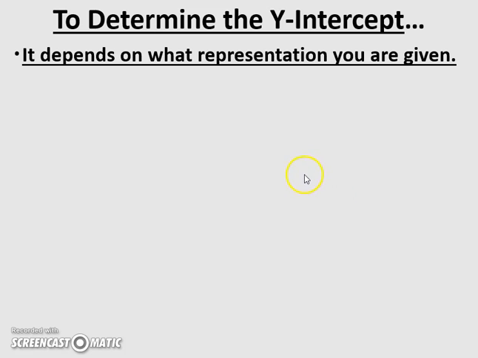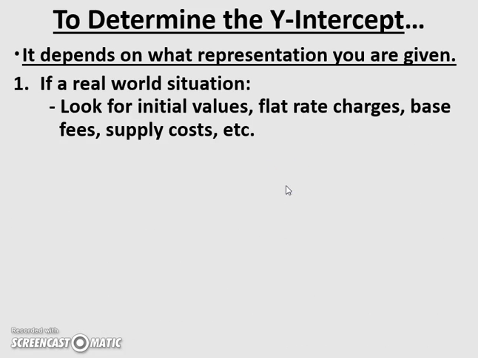So to determine the y-intercept, it depends on what representation you're given, and we're going to look at 4 different representations. The first is a real-world situation. For a real-world situation, look for initial values, flat rate charges, base fees, supply costs, etc. Anything that gives you a starting value.